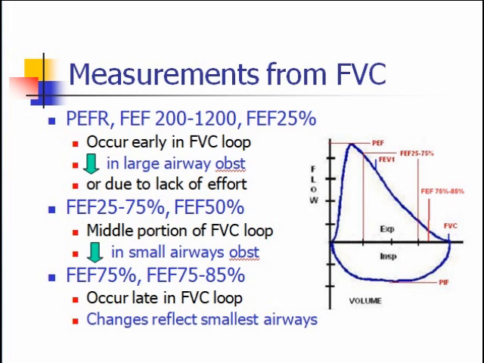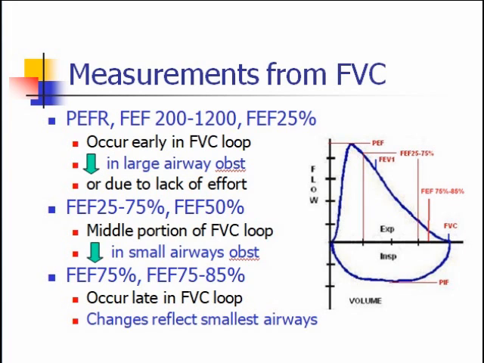So if we have a decrease in these measurements, it indicates a large airway obstruction. But it can also be due to the patient's lack of effort. Pulmonary functions really must be done with full cooperation of the patient, and the technician has to really work the patient to get them to exhale as best as they can.